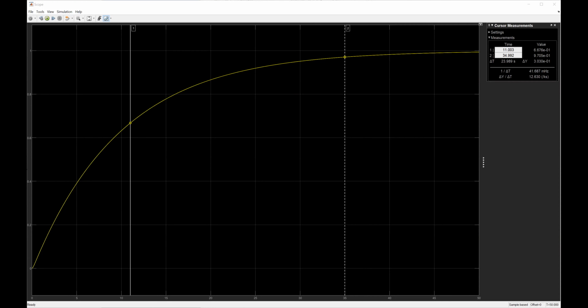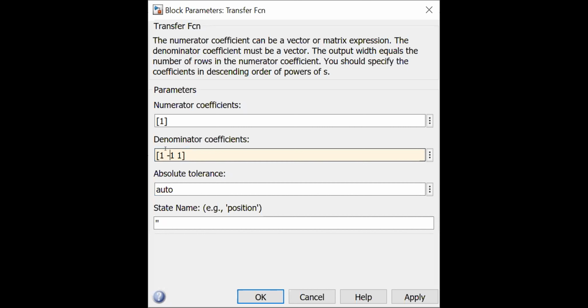This is the last case I want to discuss. Go back to your transfer function block, double click on it, and your damping value, which was 1, change that to -1. And now hit run.